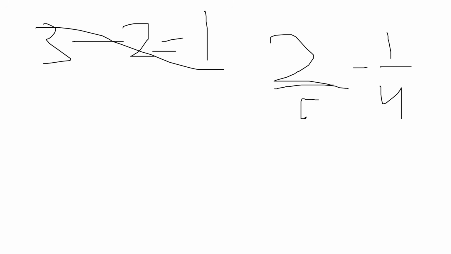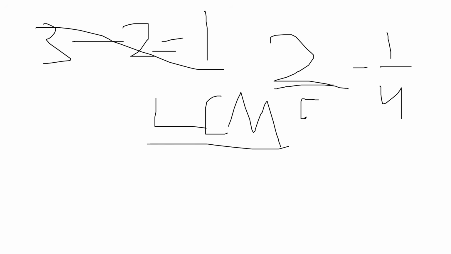So these denominators are not the same. So these don't like each other. They only want it to be the same. So we gotta make it the same. So we gotta find the big word LCM, which is least common multiple. Now we gotta find that. So now let's try to find it.